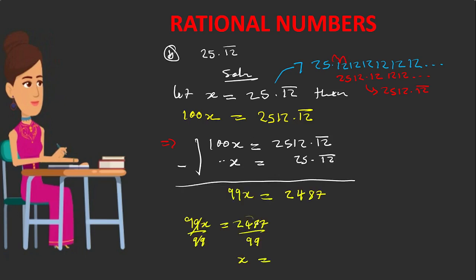So 3 into 2487 is going to give us 829 over 3 into 99 is just 33. So this guy is just a what? A rational number, because it's in the form of P over Q.